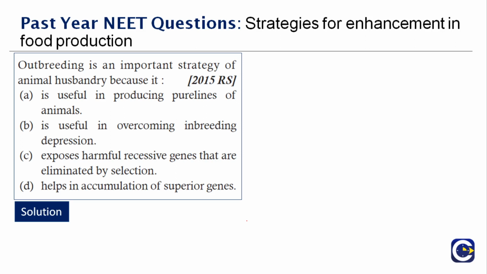We do outbreeding because, especially when it comes to cows where the supply of milk is very important, if we continuously inbreed them, I don't think the product will be of fine quality. So outbreeding is an important strategy for animal husbandry because it is useful in overcoming inbreeding depression.